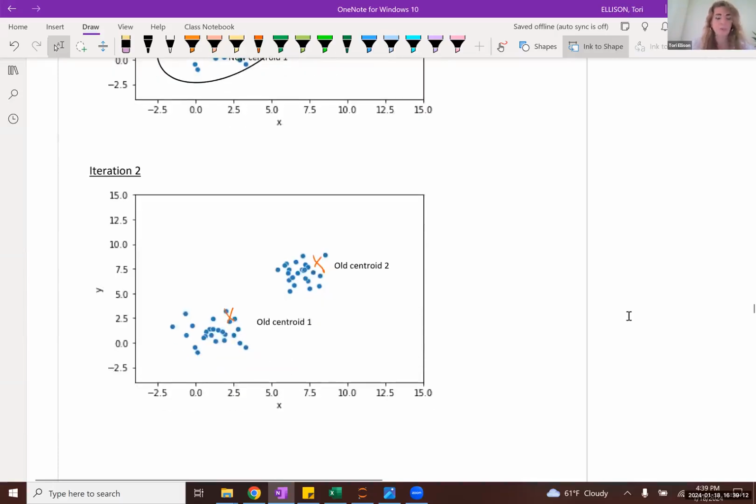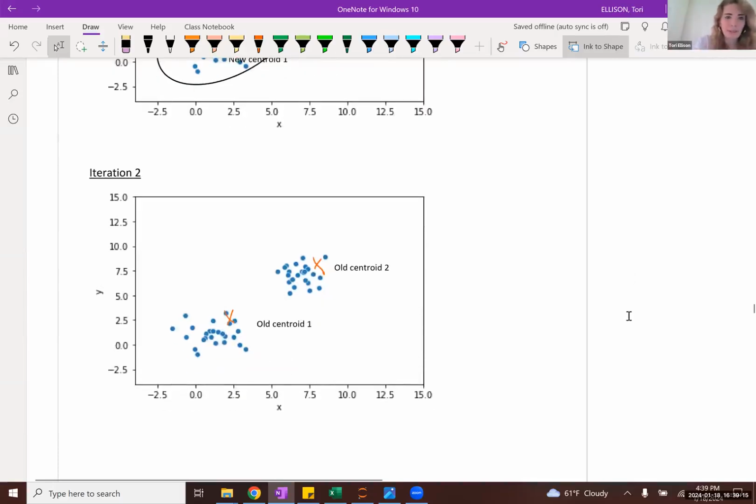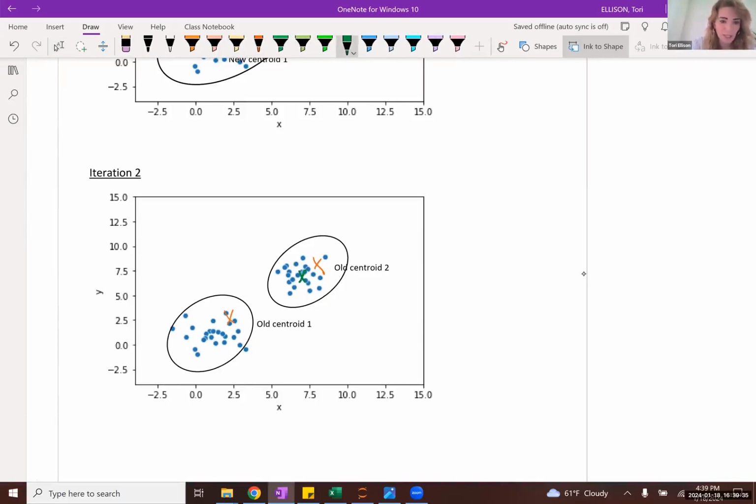Okay, and so now we basically conduct the same step 2 again. So we assign each observation to their closest centroid. So now basically each of these observations are closest to this centroid. Each of these observations are closest to this centroid. And then step 3, the centroid update step, we would find the average of each of the points in each of the clusters.